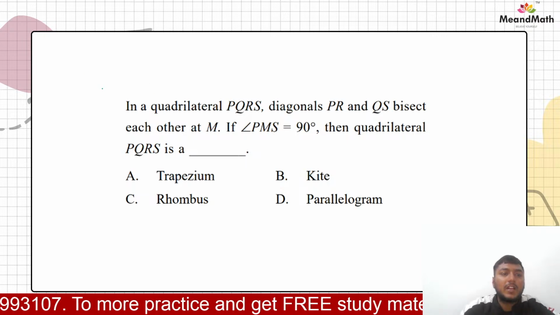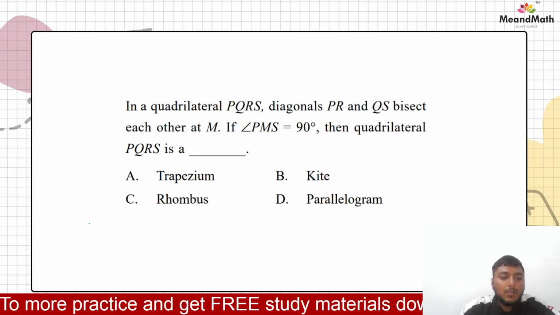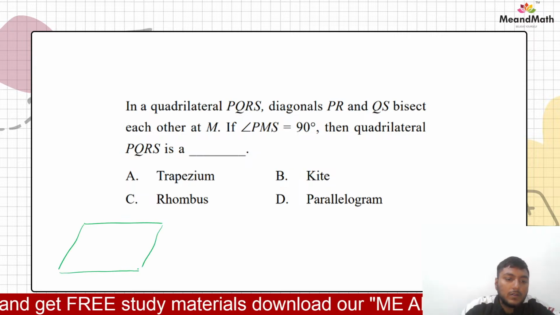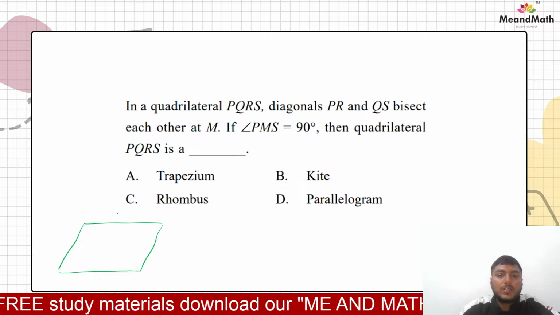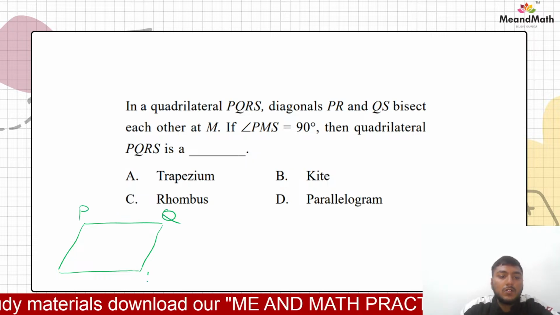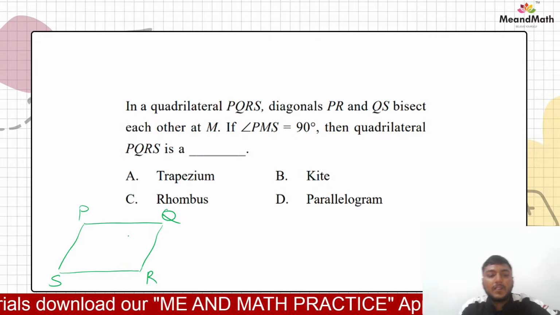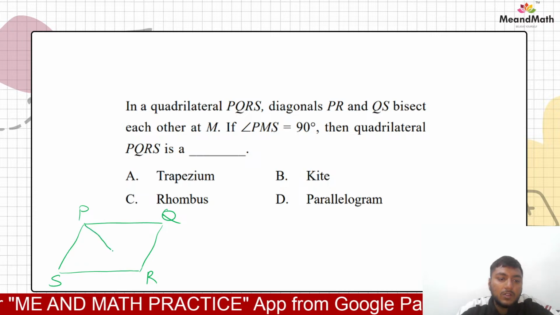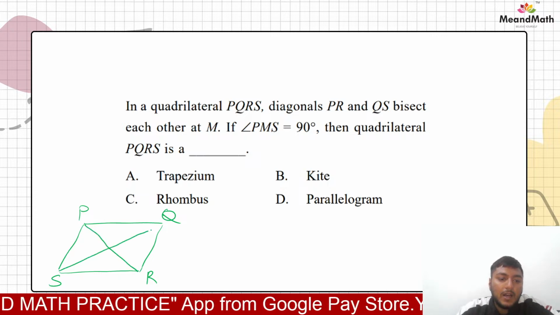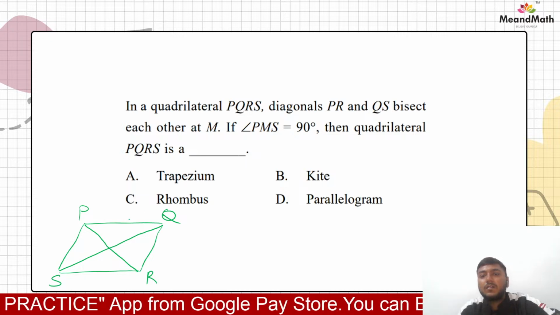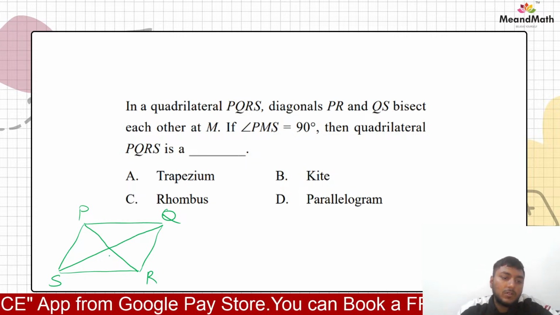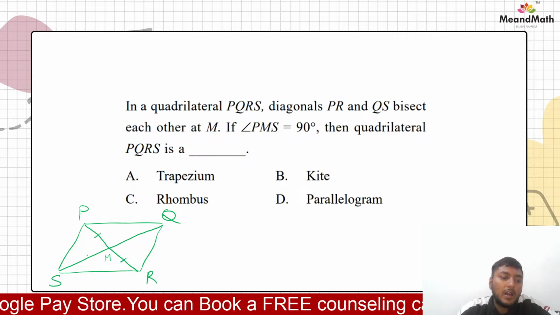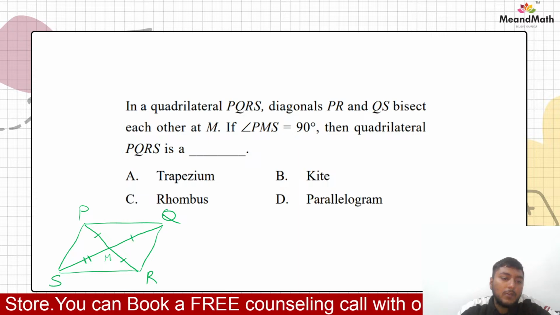Quadrilateral PQRS is there. Let us say this is P, Q, R, and S. Diagonals are PR and QS, so we join the diagonals PR and QS. They bisect each other at M, so this is the intersection point, M. So PM is equal to MR, and MS is equal to MQ.